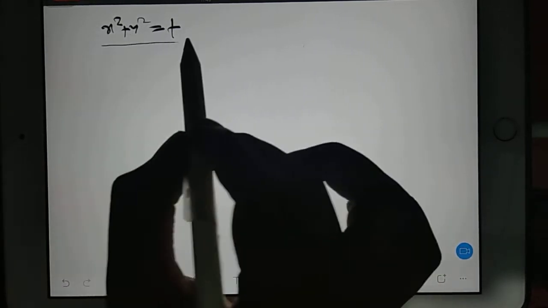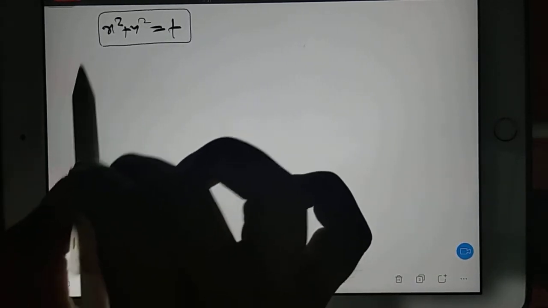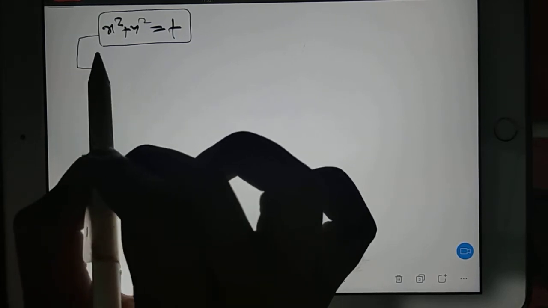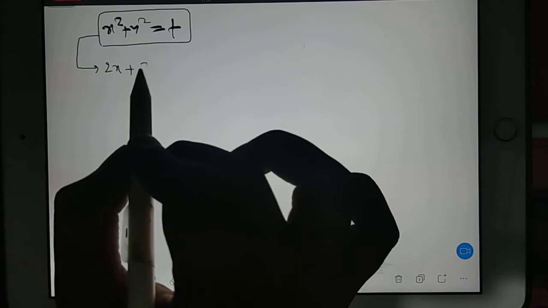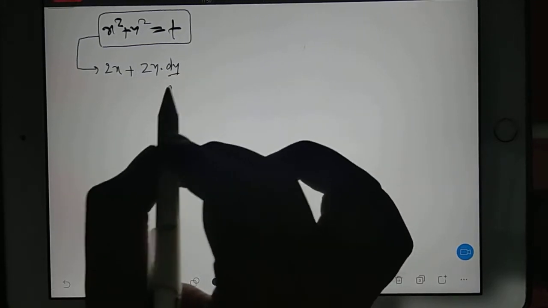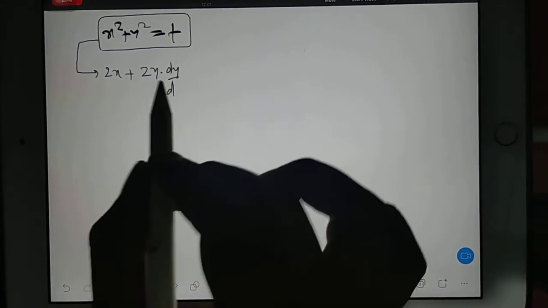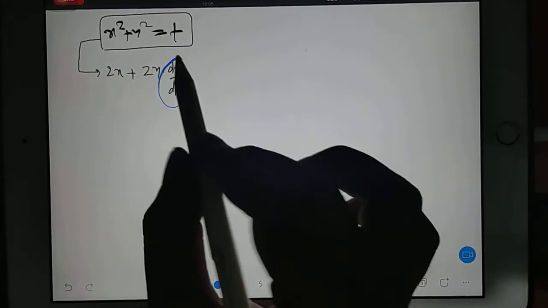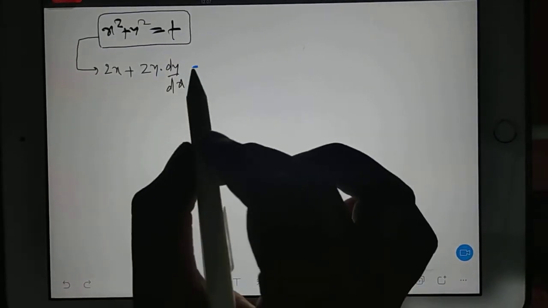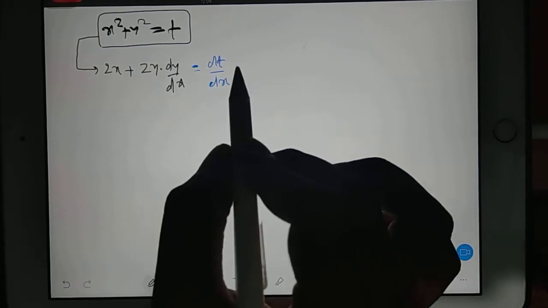Okay, so this is one type of change I will make. When you make this kind of change, then automatically you have to bother about the derivative also. So 2x plus 2y into dy by dx, with respect to x only you have to differentiate, because dy by dx value you have to substitute, so is equal to dt by dx.